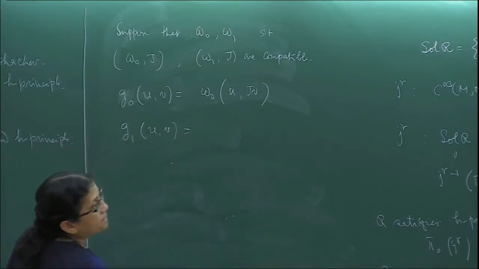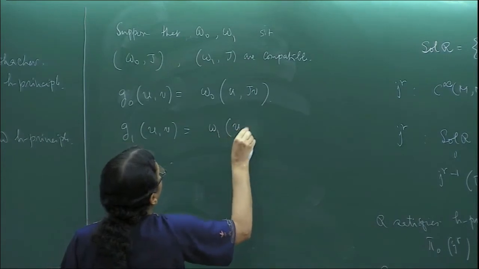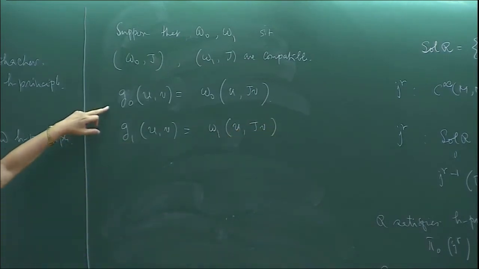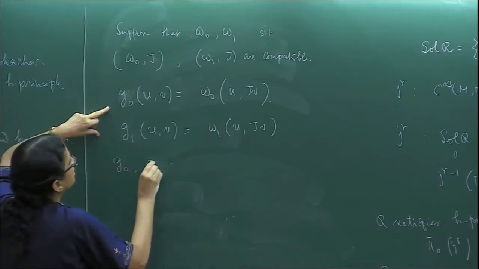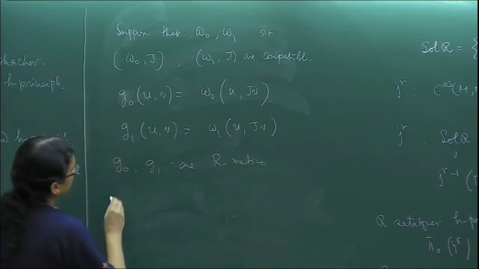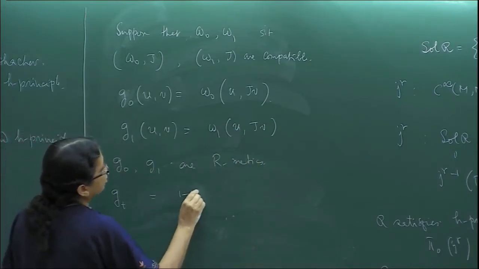This is the first property that we stated about the compatibility. So you define two Riemannian metrics, G0, G1 are Riemannian metrics, and then you define this Gt as the convex combination of them.